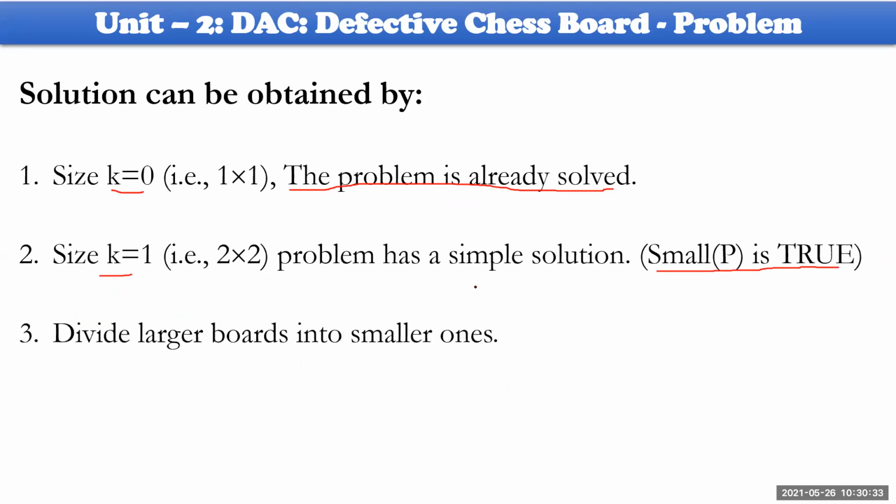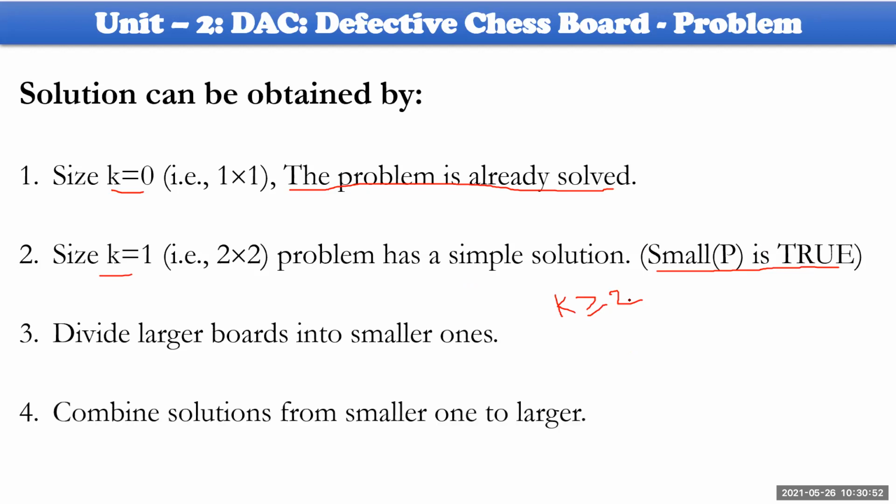And if you have larger boards, k will be greater than or equal to 2. Then you have to divide it into many pieces, just as I have shown in the previous slide, and so on.